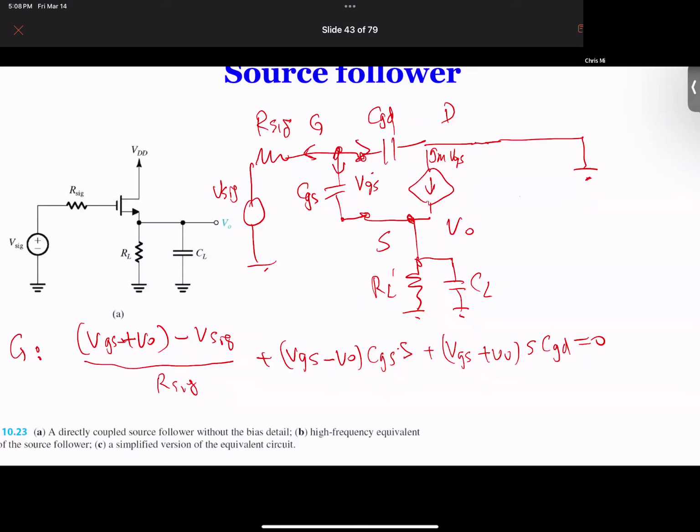So that's the current in this branch. So we have three currents: one current going this way, one current through CGS, one current through CGD, right? We add all three currents, and we have 0.